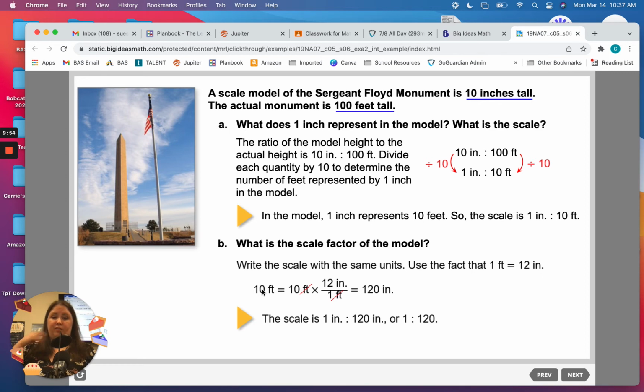So when we had 10 feet, we needed to change that to inches. 10 times 12 gives me 120. So that's the new bottom number. Instead of 10 feet, we have 120 inches. Make sense? Questions? So you can write the scale factor as 1 over 120. All right, go do your next set.